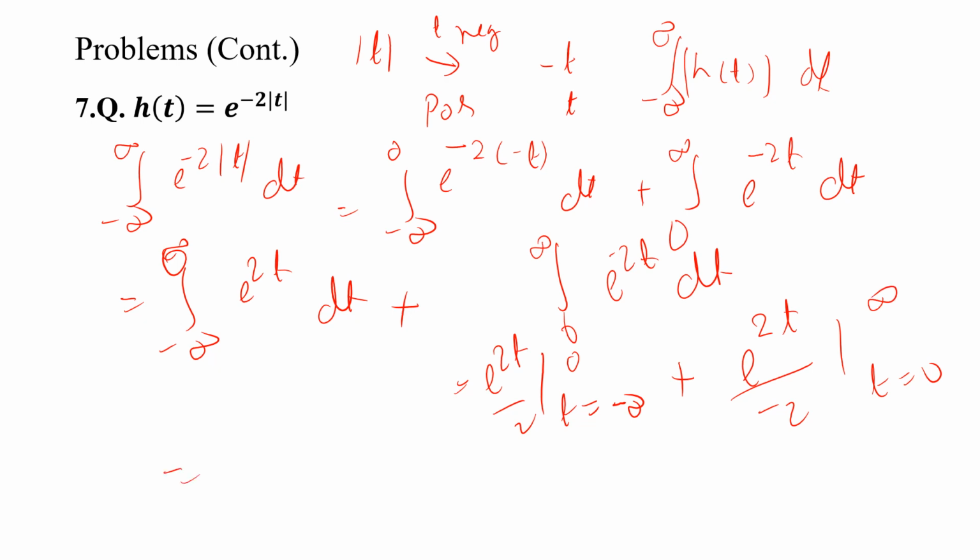Here you will get e to the 0 is 1, minus 0, by 2, plus 0 minus 1, e to the power 0 is 1, by minus 2. So how much are you getting? 1 by 2 plus 1 by 2, which is 1. So 1 is less than infinity, so the system is stable.